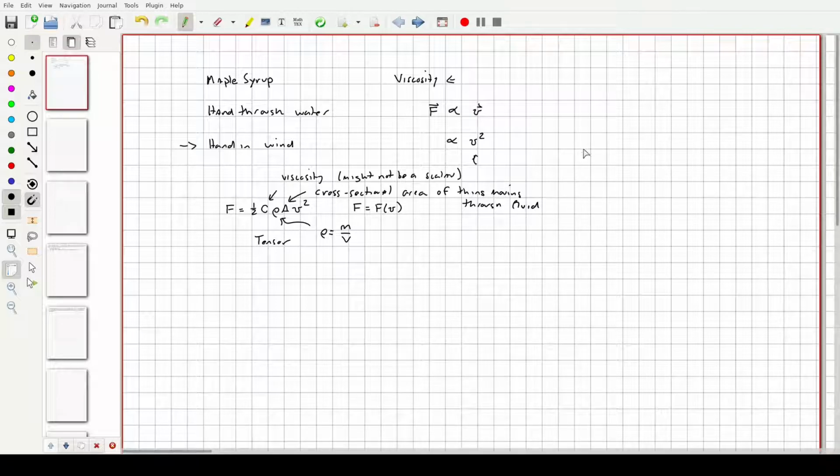Now, what do I mean? Well, if this is your fluid right here and you're moving something like this through it in this direction, it's this area whose face is in that direction, we say that the surface normal is in the same direction as it, that's the cross-sectional area.